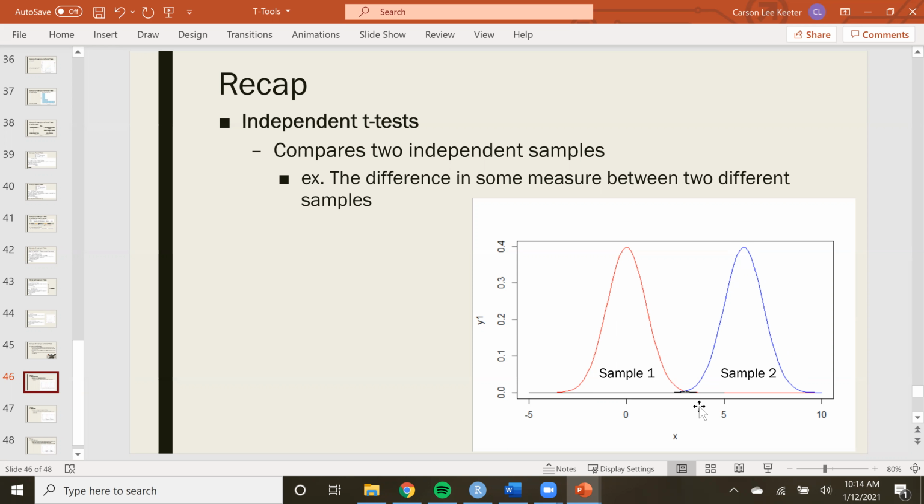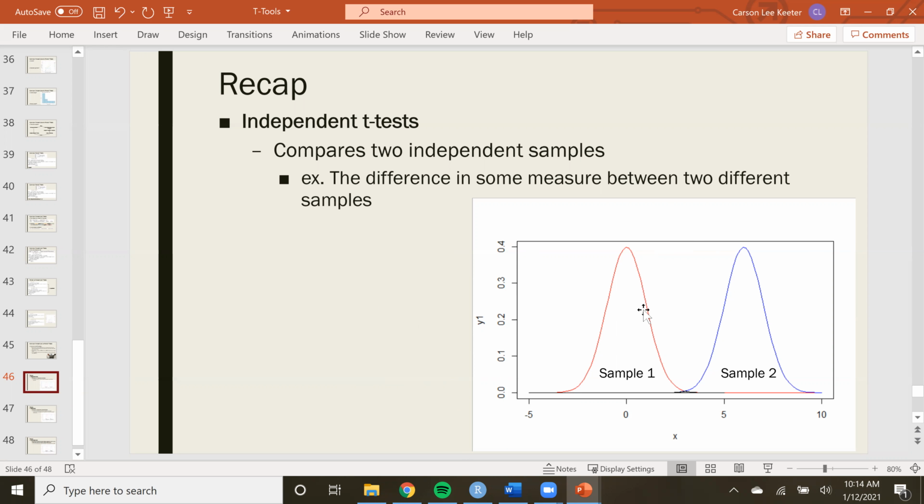And if there's not a lot of overlapping information, we are then able to say, based on this little amount of overlap, based on this p-value, that's what that represents, that yes, there is a statistically significant difference between the two samples. Therefore, we are then able to say that there is a difference in the population from which these two things came. And then we're able to give a 95% confidence interval for the true difference in the population, and that's between two values, okay?